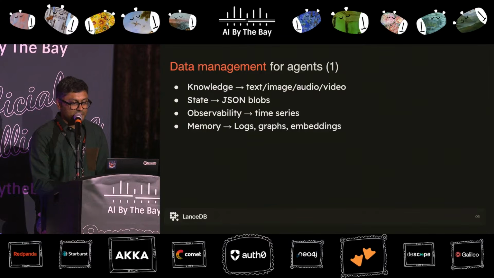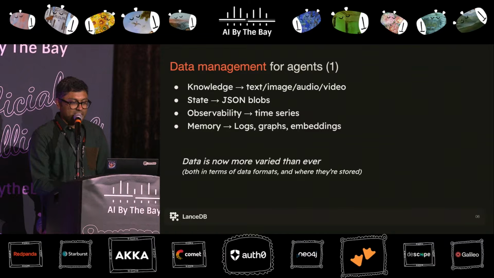The agent harness is plugged into observability tools, and these keep track of things as time series. And as for memory, it's yet to converge on a standard format, but you typically see agent memory being stored as text logs, graphs, or embeddings that an agent system can retrieve from. So the bottom line is that the data we deal with when working with agents and AI in general is more varied than ever before, both in terms of formats and where they're stored.